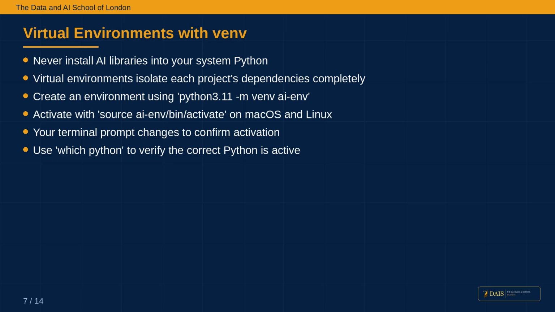Once activated, your terminal prompt will show the environment name in brackets. Every package you install from that point onwards goes into that isolated environment and has no effect on anything else on your machine. This discipline prevents the version conflicts that derail AI projects at the worst possible moments.